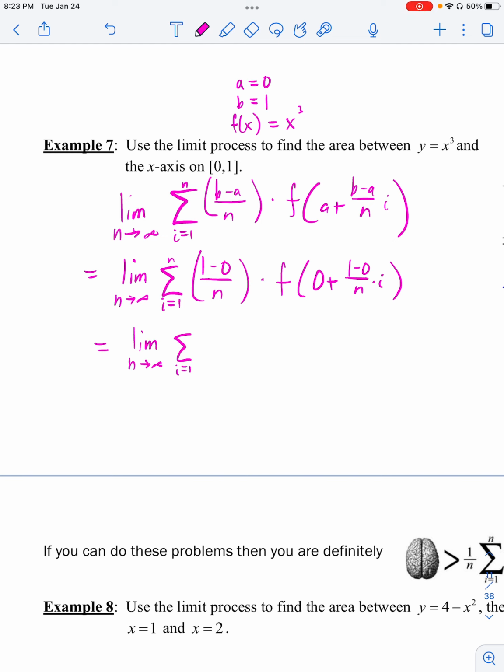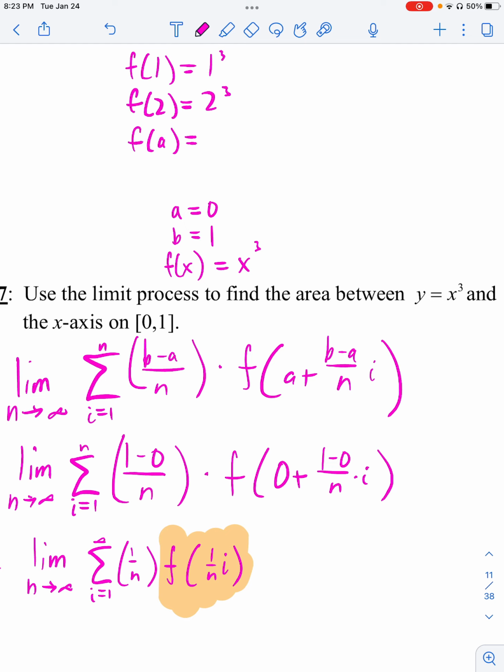Okay, let's plug in for f right here. I think we had some trouble with this the other day, right? So f of x equals x cubed. Here's how you plug numbers into a function. If you have f of x equals x cubed, that means f of 1 equals 1 cubed. So anywhere there's an x, you just replace it with the 1. f of 2 equals 2 cubed. f of a equals a cubed. f of x plus h would be x plus h quantity cubed.